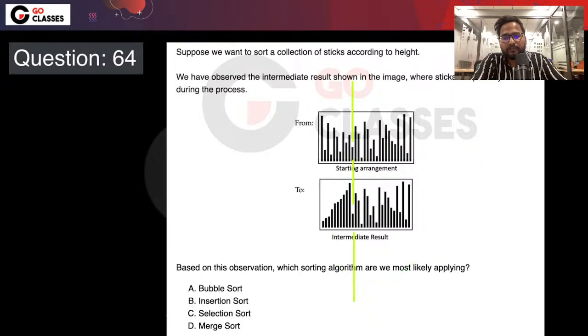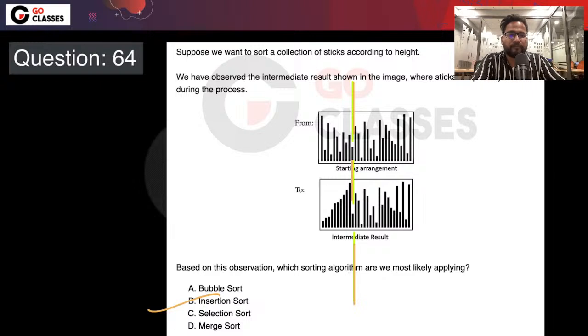So you can say that it keeps on sorting from the left. It means it must be insertion sort from all the given choices, right? This part is sorted. Who does these kinds of things, where nothing is changed from this part? Insertion sort is not changing anything on this part. This way, B is the correct answer.